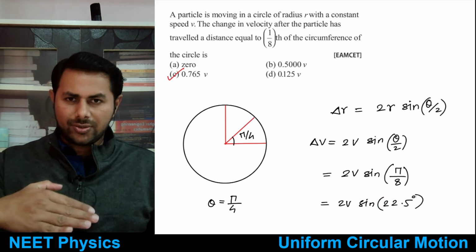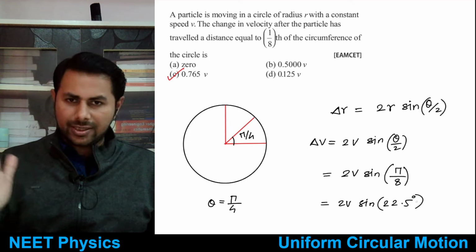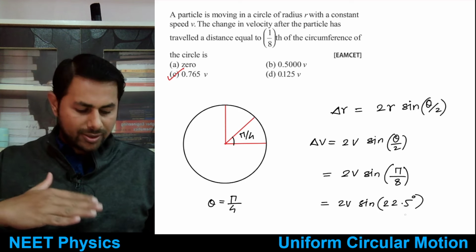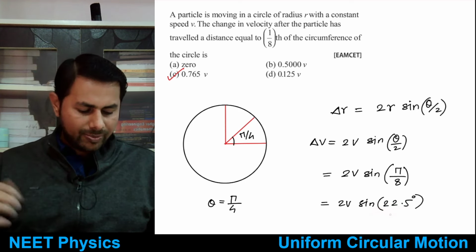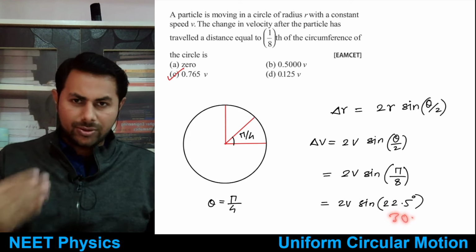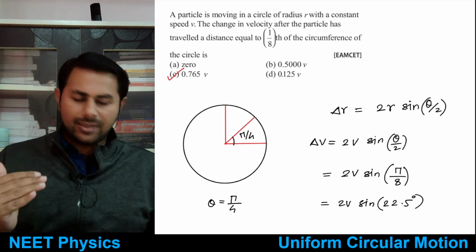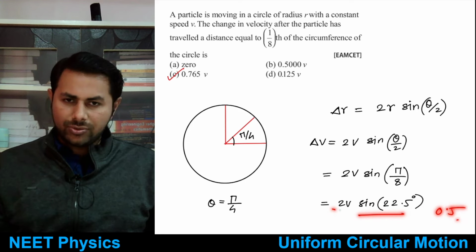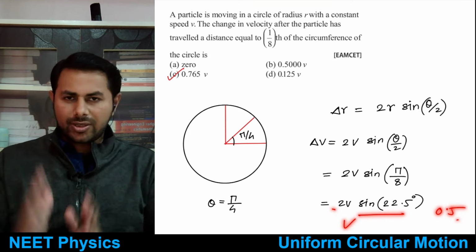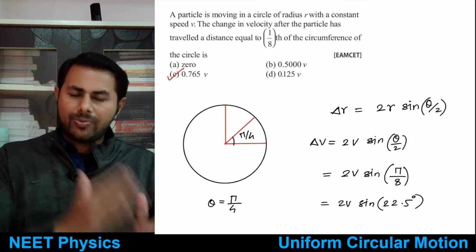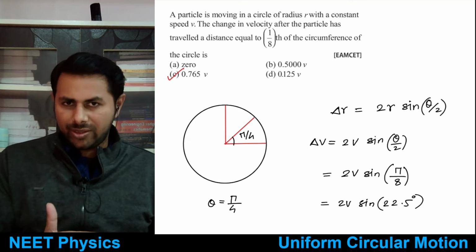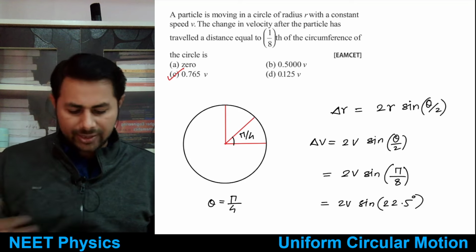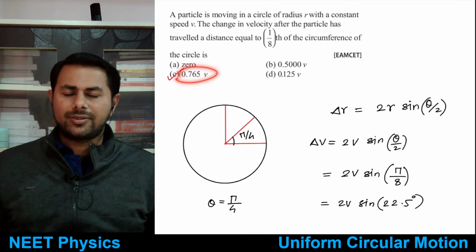Sine 0 is 0, sine 90 is 1, so it increases gradually. So if I take 30 degrees, the answer should be closer to that, but a little bit less. Sine of 30 is 0.5, 0.5 times 2 is 1, so for 30 it is v. For 22.5, the answer should be a little bit less than v. Not very much less, but a little bit less than v. So that's why I am taking this.